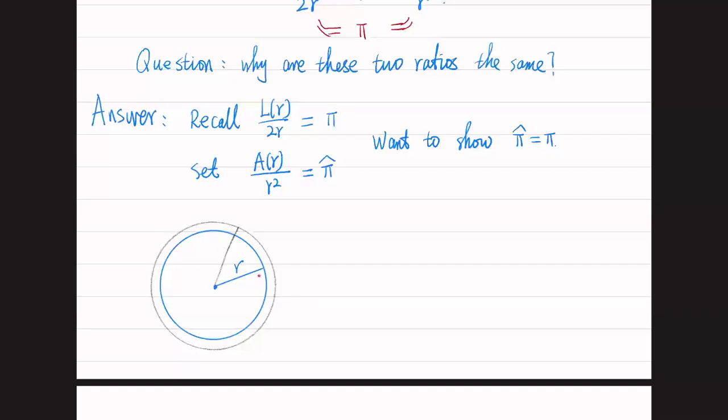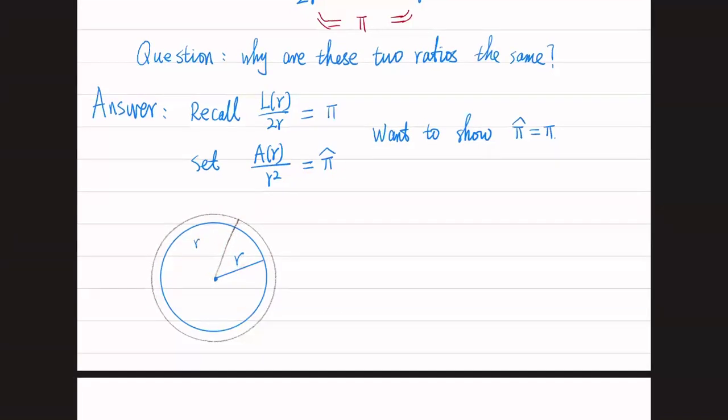Smaller circle, radius r. Larger circle, I increase the radius by h. So it will be r plus h, the increment.